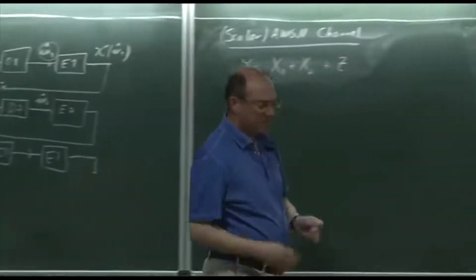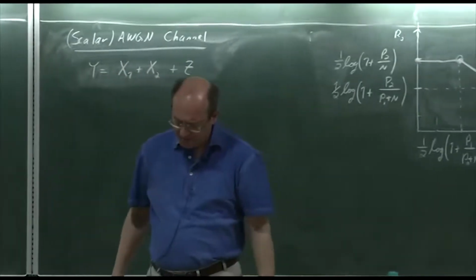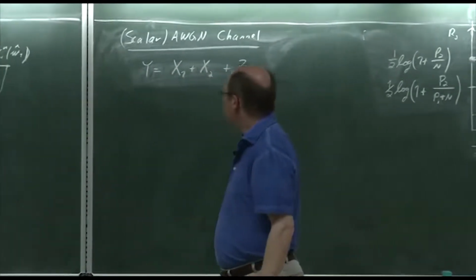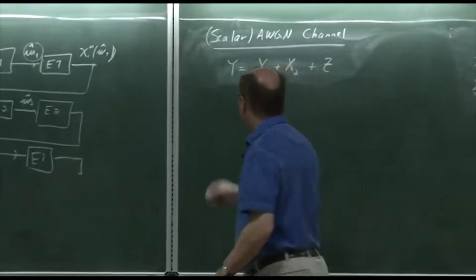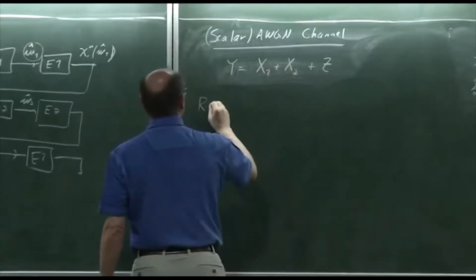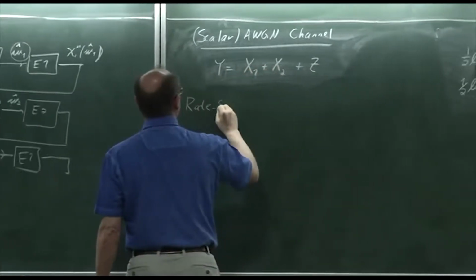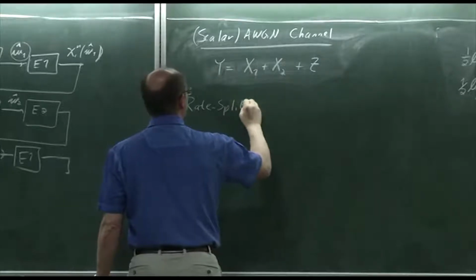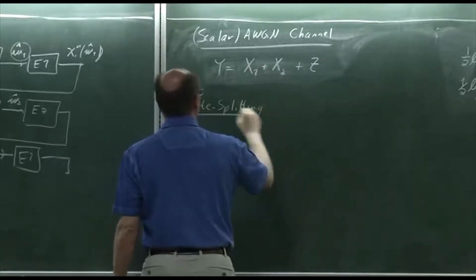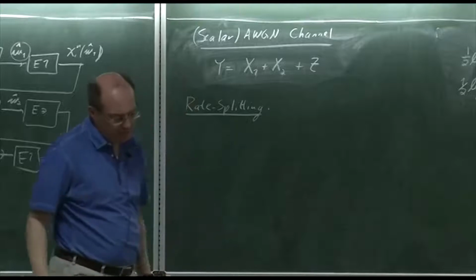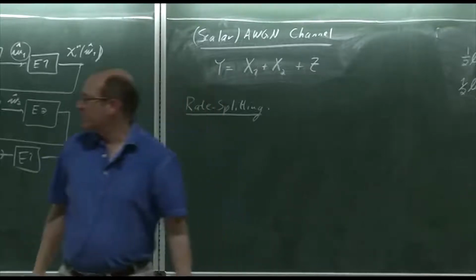That's a little bit of an iterative decoding perspective. The second one is something called rate splitting. So let's talk about that. Well, we've already seen what rate splitting is. Rate splitting involves taking one of the messages and splitting it into two pieces. So suppose we do that with this message here.